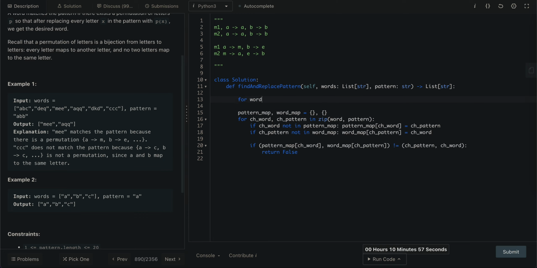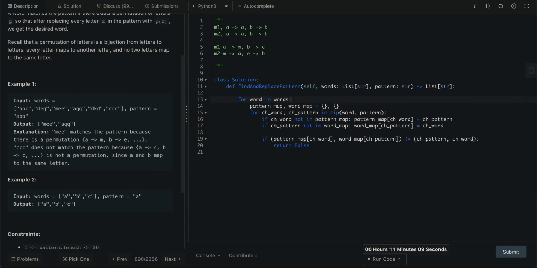For word in words, do these things, and if it doesn't match, set match to false and break.